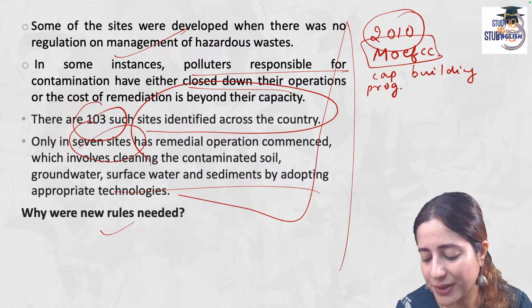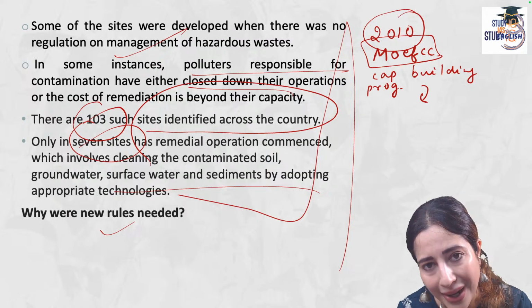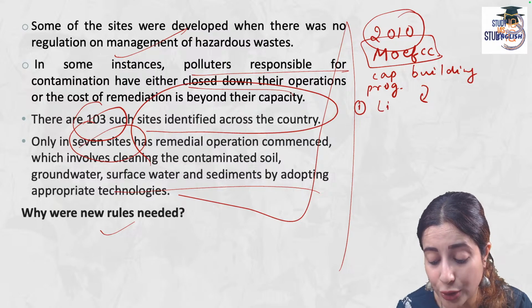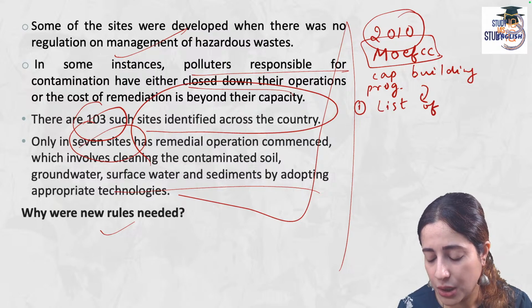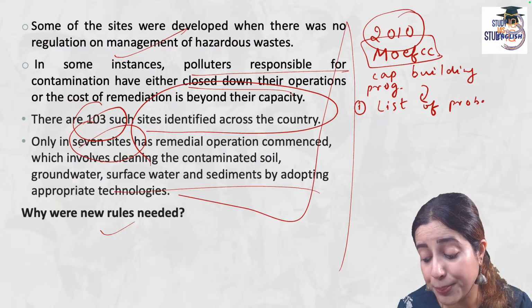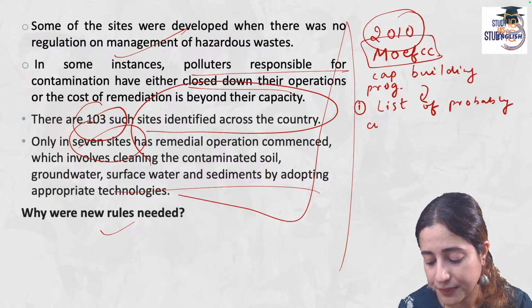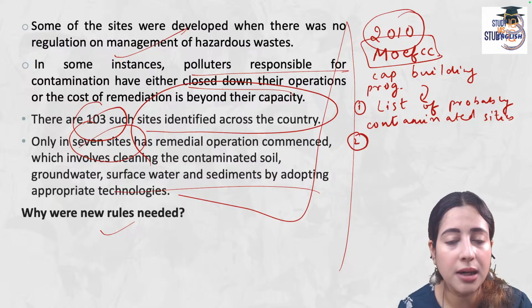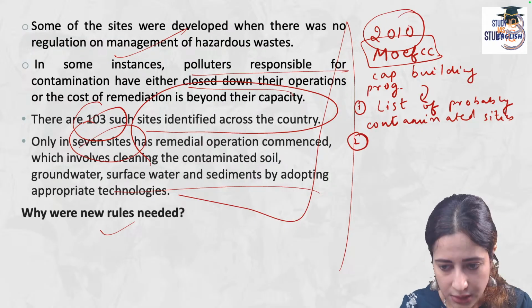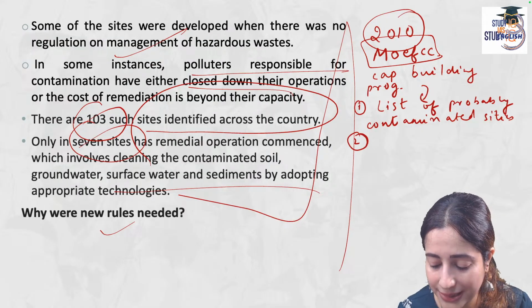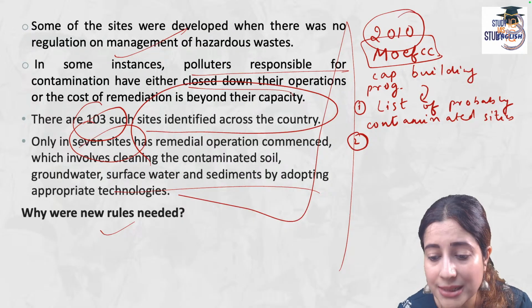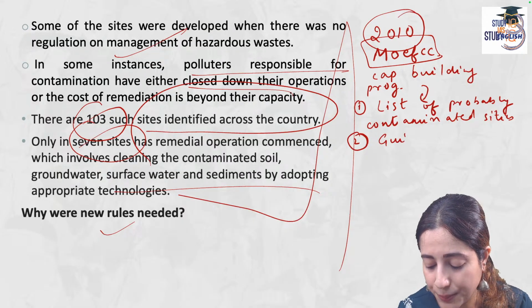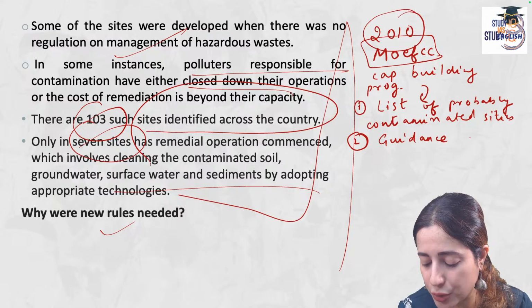What was the purpose of this capacity building program? One, to create a list or an inventory of all sites that are probably contaminated. They needed a proper list and data for it. Second agenda under the 2010 program created by the MoEFCC was to create proper guidance documents.